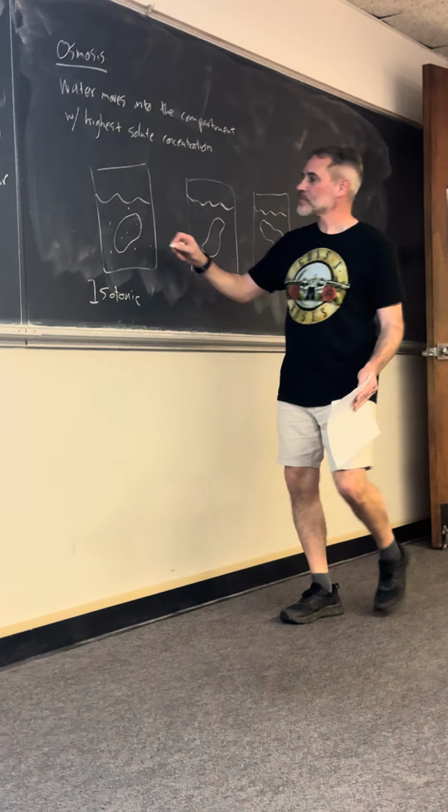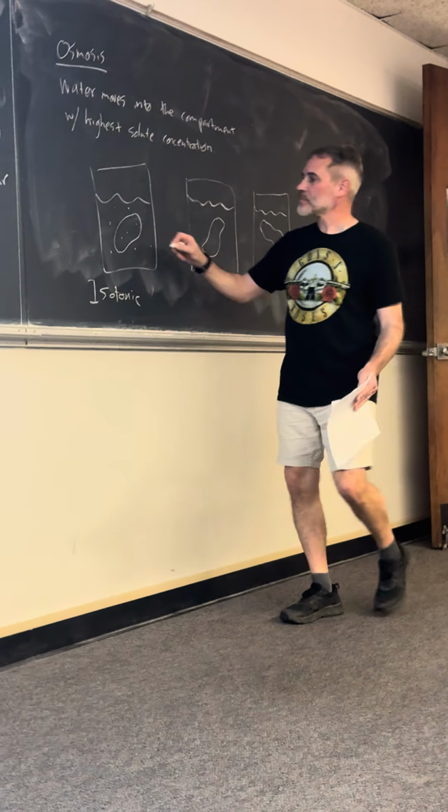Now, what if we have a solution like this? The solute concentration, whatever solute that may be, bless you, is much higher on the outside. What kind of tonic is that? Hyper, right? Hyper meaning too much or more. And so in this case, and this is a reference, remember, to the solution, not the cell.